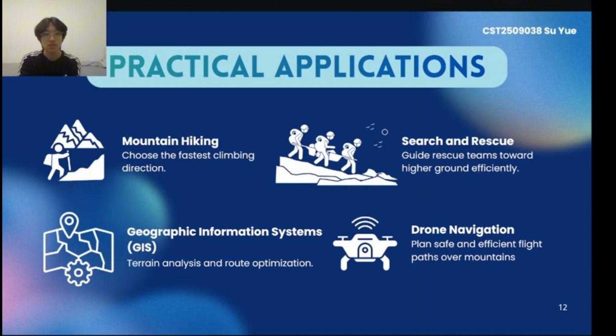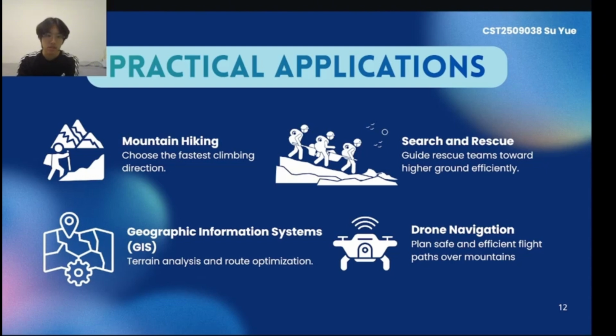Understanding the gradient is not only important in mathematics, but also has many practical applications in the real world. First, for mountain hiking, the gradient helps hikers determine the fastest climbing direction and plan more efficient routes. Second, in search and rescue operations, rescue teams can use terrain information together with gradients to reach higher areas more quickly during emergencies.